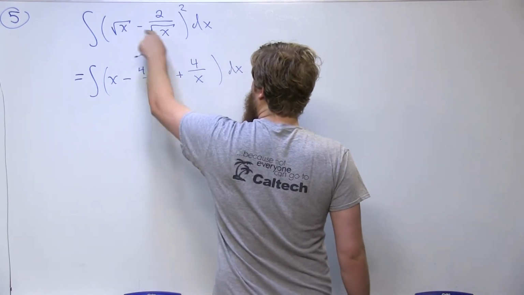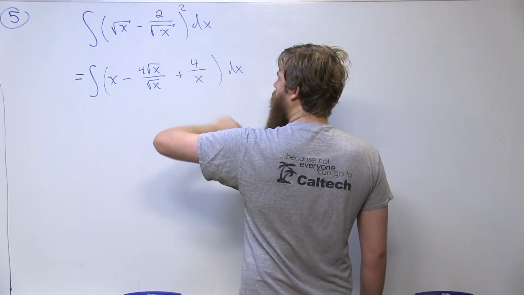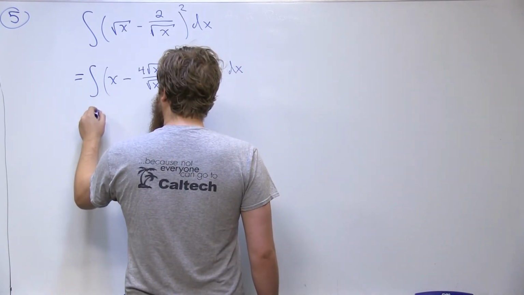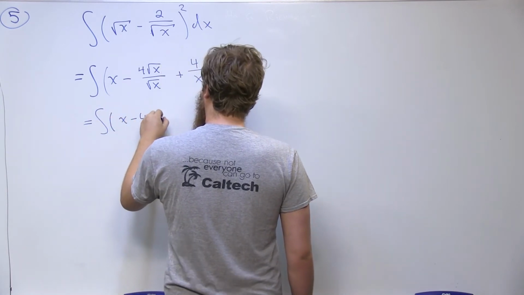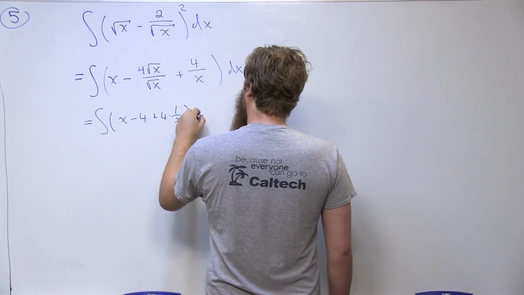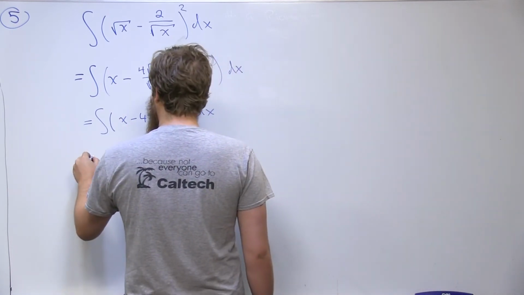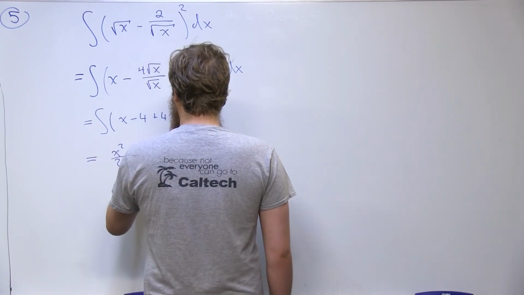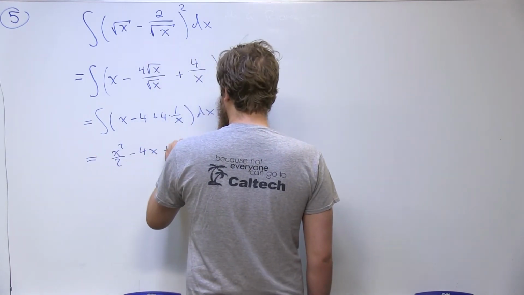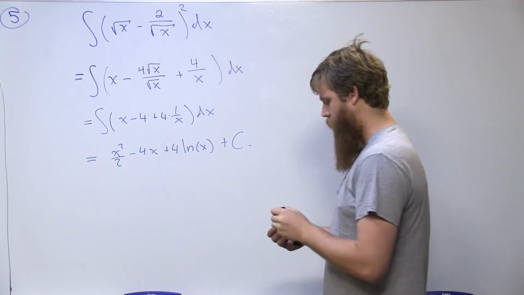We're assuming implicitly here that x is at least 0, so we can cancel, and everything becomes as nice as it could be. And then you know how to integrate each of these pieces individually. Always remembering to add your constant.